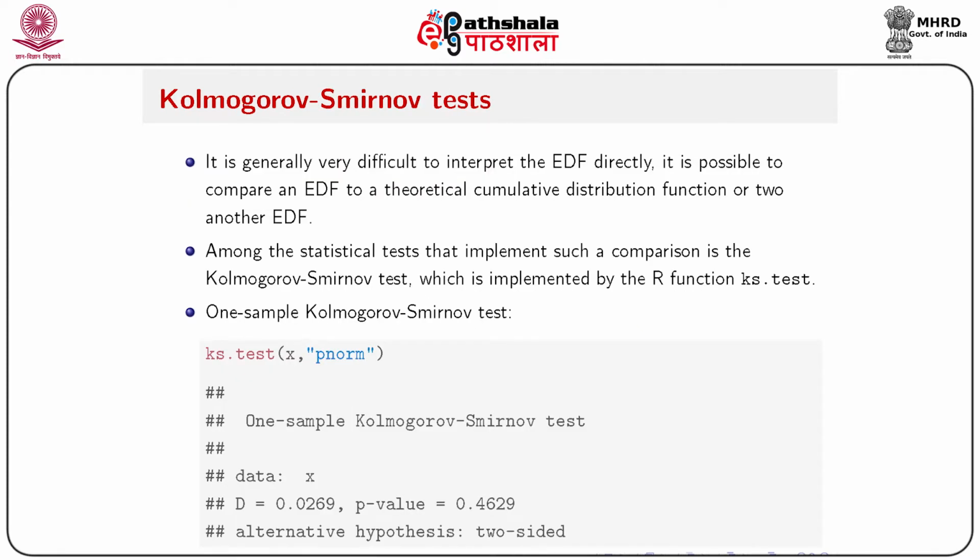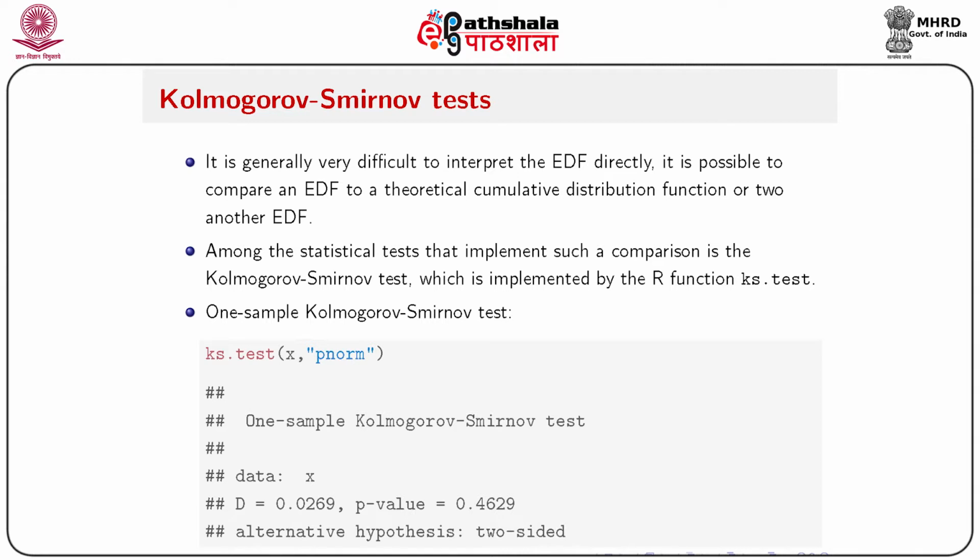The Kolmogorov-Smirnov test. It is generally very difficult to interpret the EDF directly. It is possible to compare an EDF to a hypothetical theoretical cumulative distribution function, or to another EDF. Among the statistical tests that implement such a comparison is the Kolmogorov-Smirnov test, which is implemented by the R function ks.test.